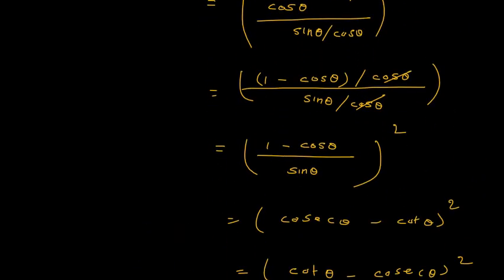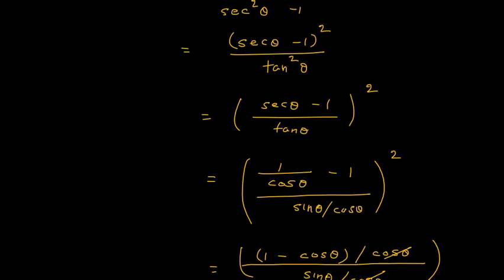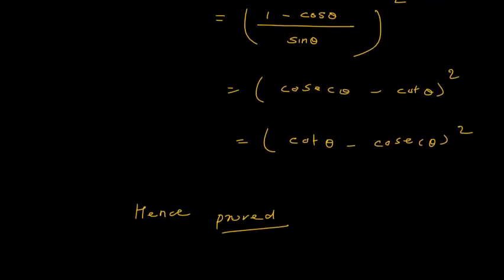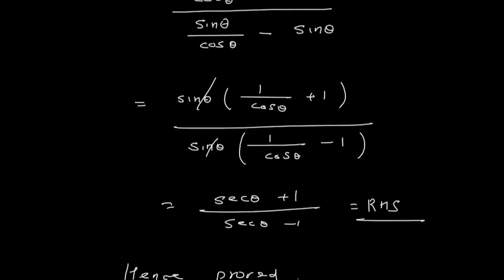And here sec theta upon tan theta: sec is 1 upon cos, and tan is sin upon cos, so cos cos will cancel, and 1 upon sin is cosec. So we get the same thing, but a few steps we can avoid. Okay, no problem. So this is how we proved this.